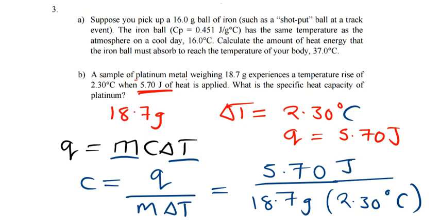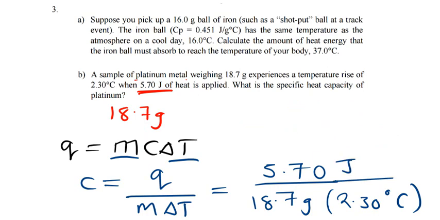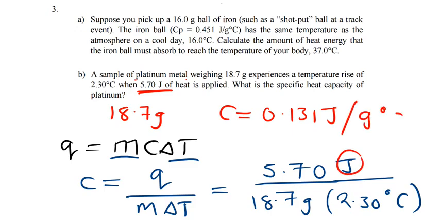So 5.70 divided by the product of 18.7 times 2.30, that should give us our specific heat capacity. So I'm getting 0.131 joules per gram per degree Celsius. Okay, so that is the specific heat capacity of platinum.